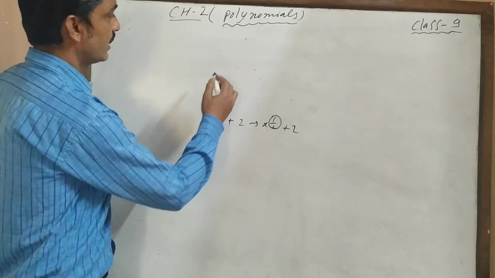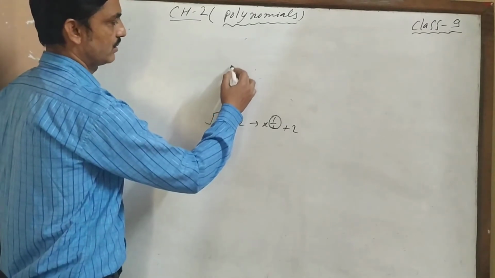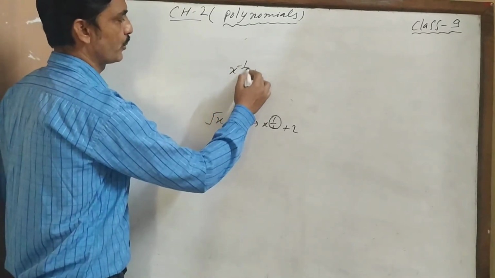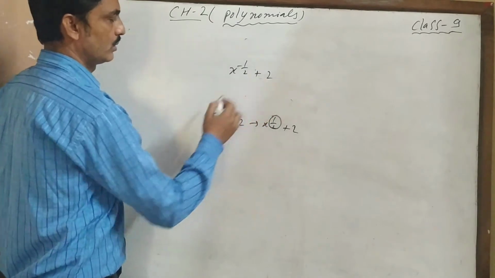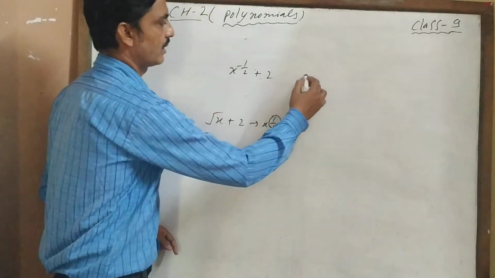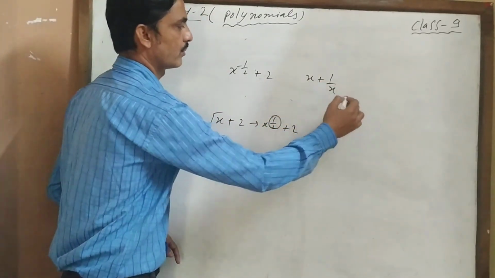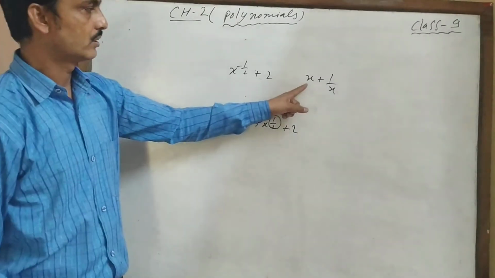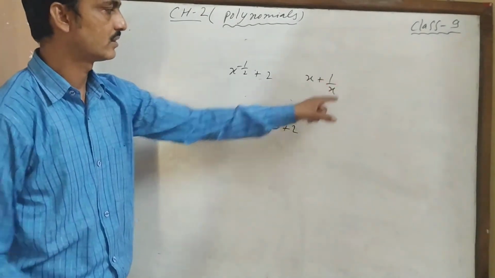Look at here. I can write x power minus 1 by 2 plus 2, or we can write x plus x power minus 1. Why? What is the meaning of this?